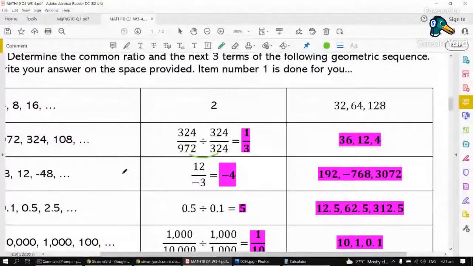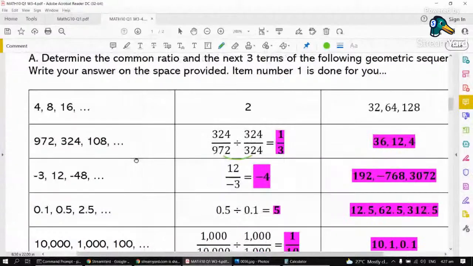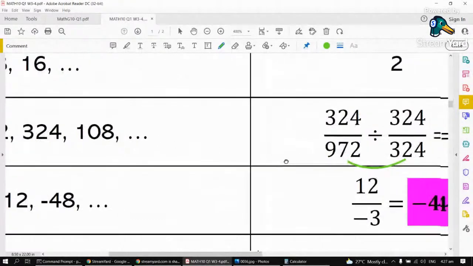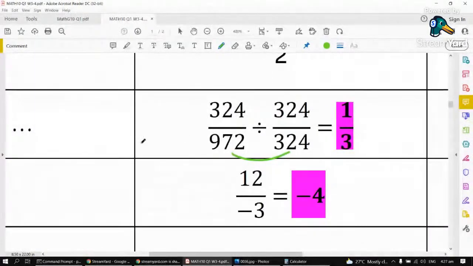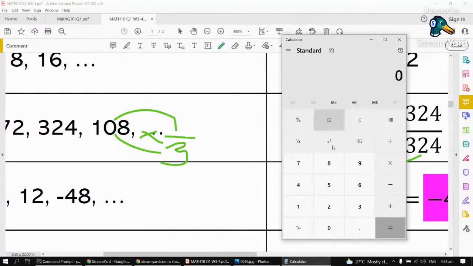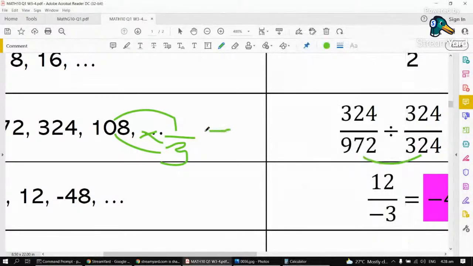Para malaman natin ang next 3 terms, yung 108 ay multiply natin sa 1/3. So, that is basically equal to 108 times 1/3. So, 108 times 1 is 108, divided by 3. 108 divided by 3 is equal to 36.